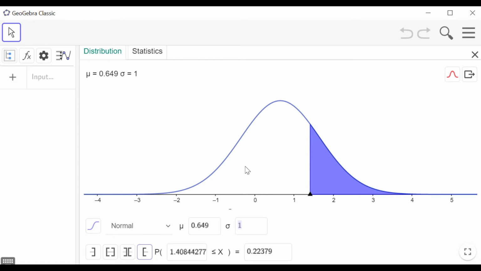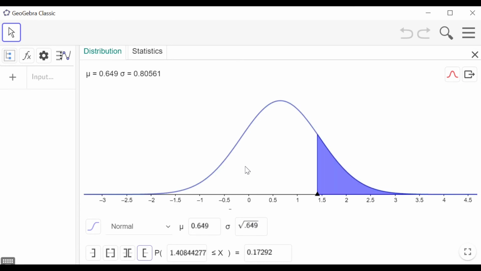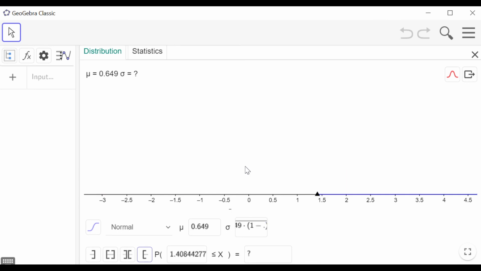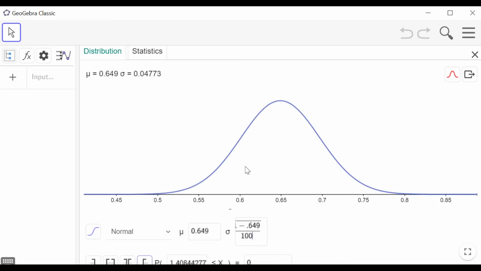So to enter in the radical symbol, we can type SQRT parenthesis and then put 0.649 times. So I'm putting that expression that we had on the other page directly in as follows.